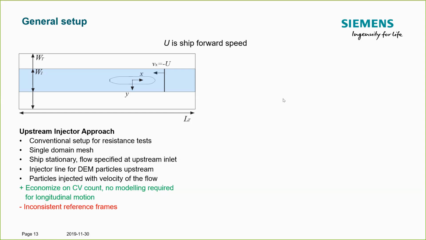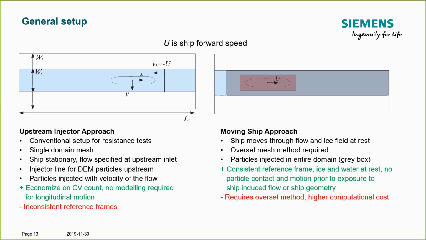The second approach that we'll be taking is what I call the moving ship approach. Here we will constitute a much bigger domain, and the ship will move through the flow and ice fields at rest. So the overset mesh method is required to accomplish that, and the particles will be injected beforehand.